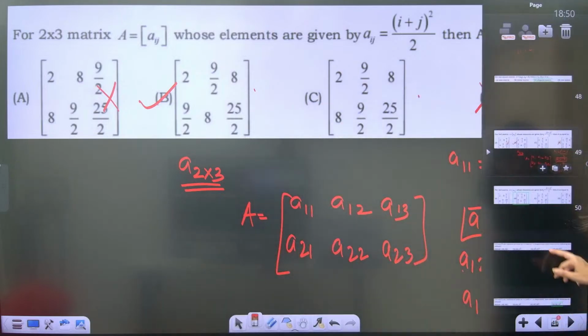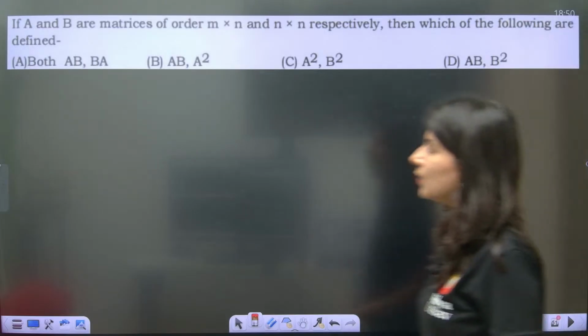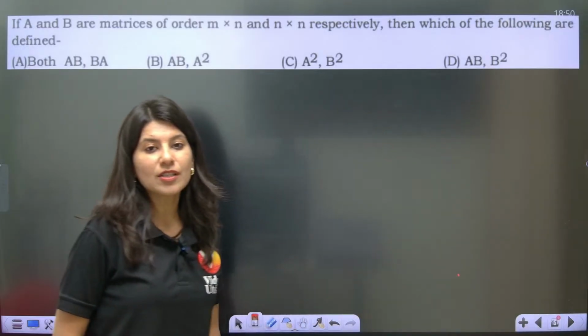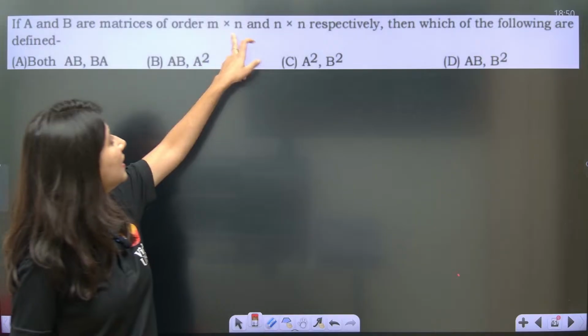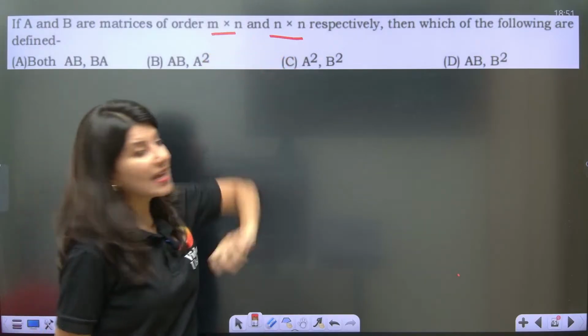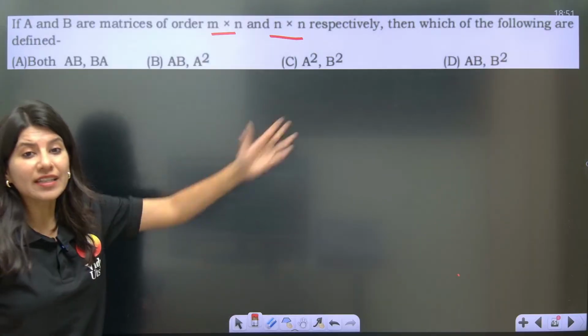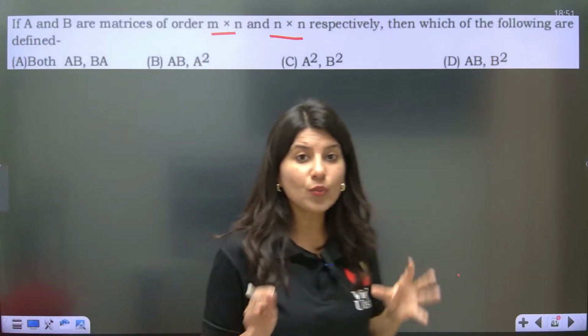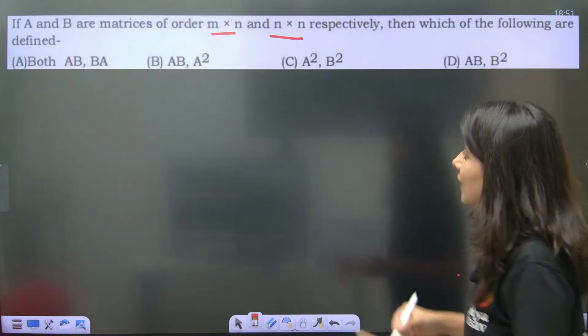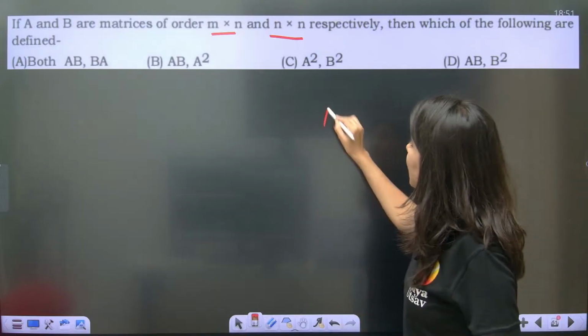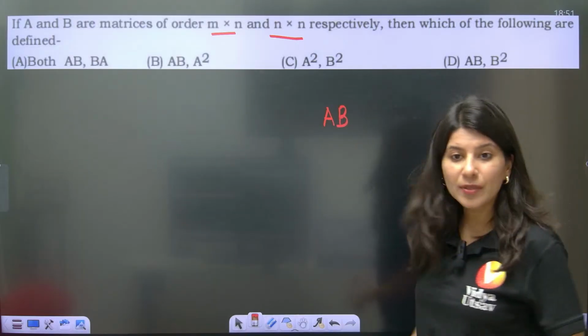Let's start with this. Can you see? A and B are matrices of order m cross n and n cross n respectively. Then which of the following are defined? That means they are clearly asking you which multiplication is possible. So, by the options, I think I need to check whether AB is possible or not.